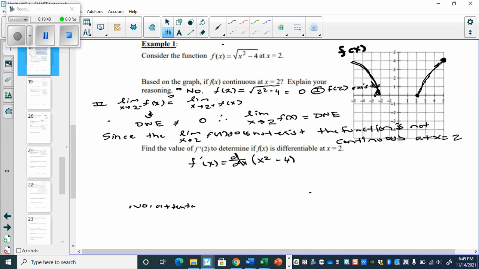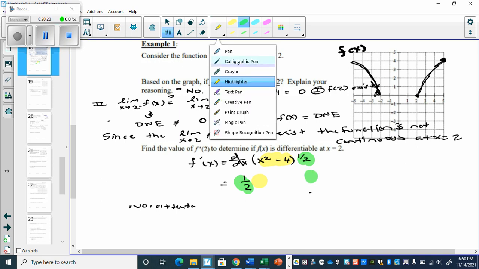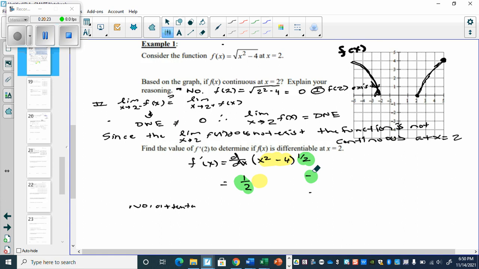Okay, so this equals 1/2, and then I need to differentiate what's inside. So I did the outside. This is the outside right here. Makes it a lot easier when you highlight. So this is going to be to the minus 1/2 with everything inside.